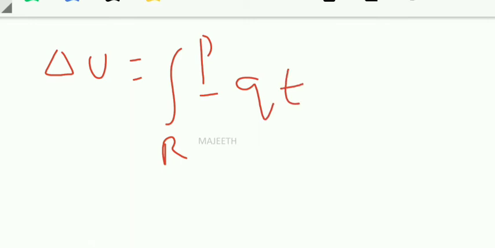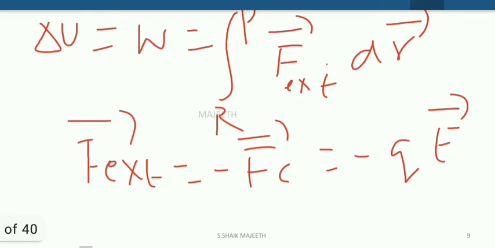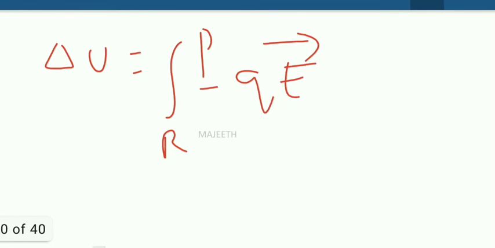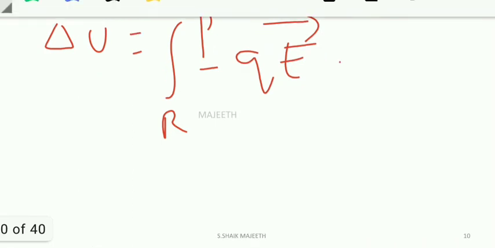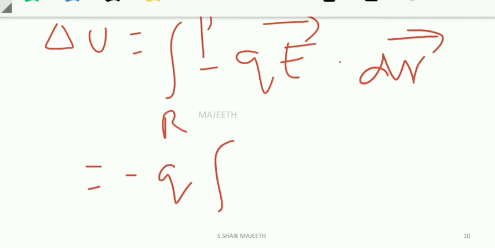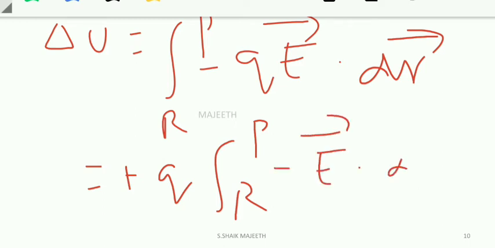Substituting that in the equation, the integral from R to P of F external, which is minus QE, dot dr. Q is a constant, so take it outside: minus Q times the integral from R to P of E dot dr.